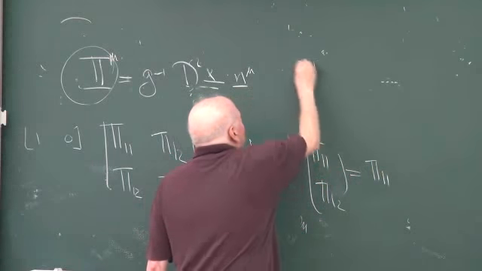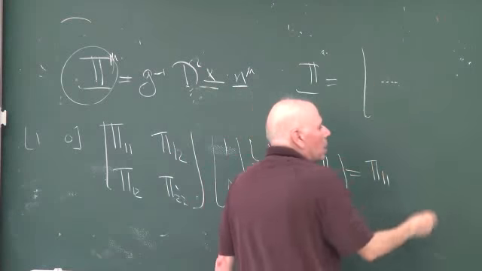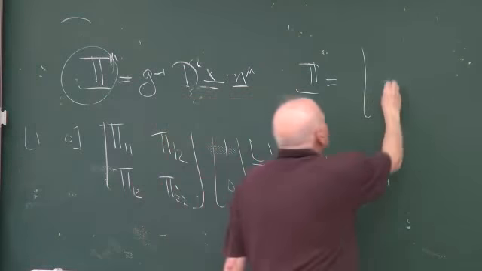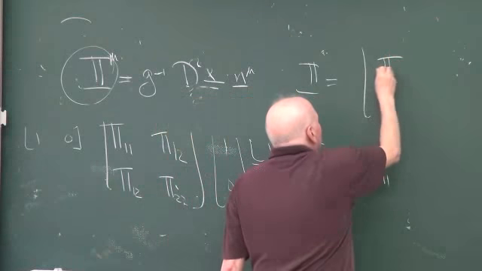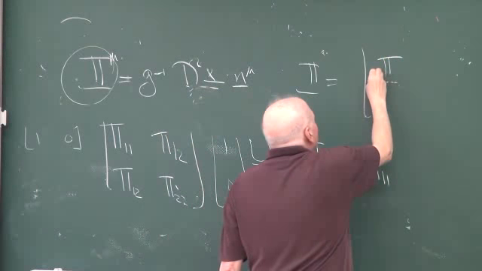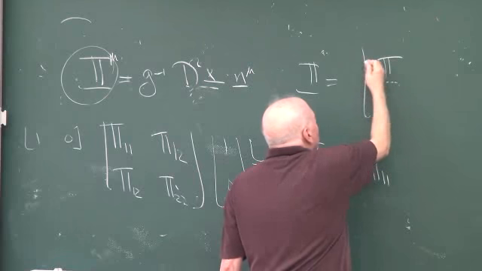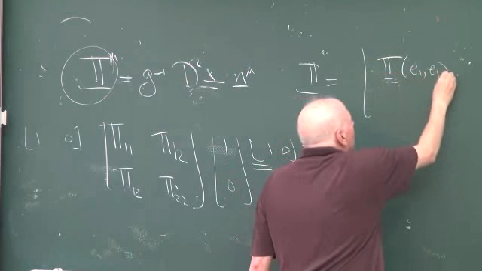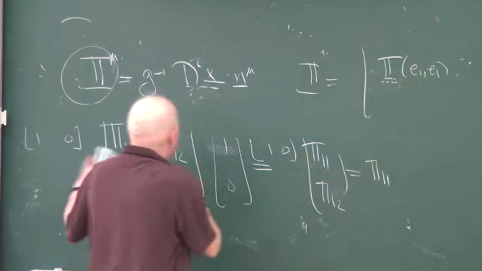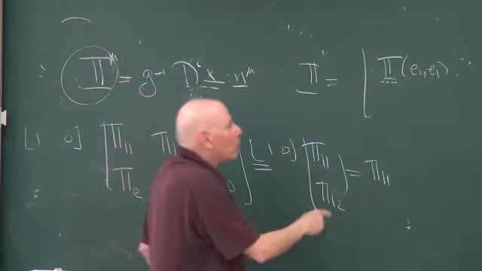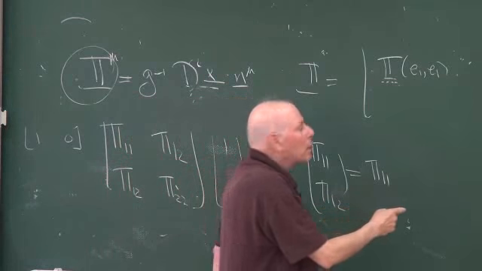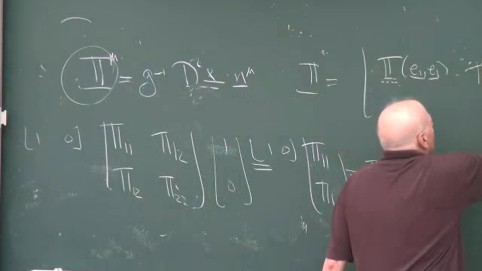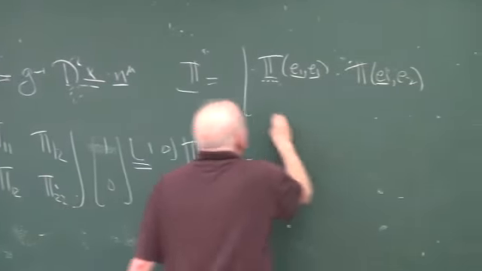So if I want to know pi for any matrix, all I have to do is take an orthogonal basis, and pi hit from the left by the basis vector and from the right by the basis vector is, I'll write it in this form, E1, E1. That means hitting it from the left by vector E1 and from the right by vector E1. The notation is okay? It's the notation Morgan uses.